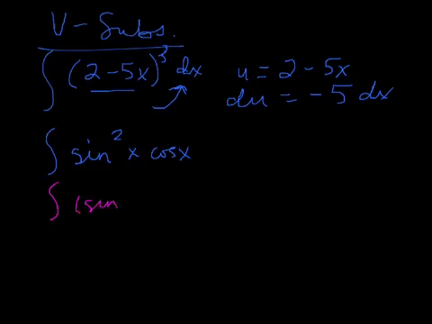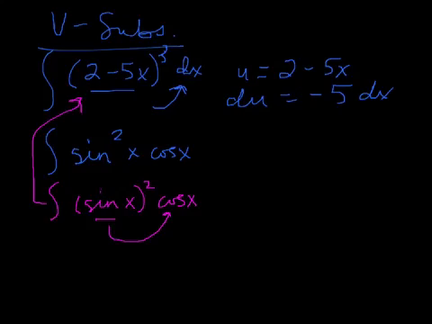Instead of writing sine squared of x, I think it's easier to write it with the squared on the outside, as I have in pink, because it's easier to see that it's exactly the situation we have above. I have something in parentheses taken to an exponent, and the derivative of that thing is sitting right out here. Actually, I should have my little dx right here. So that's your u substitution.